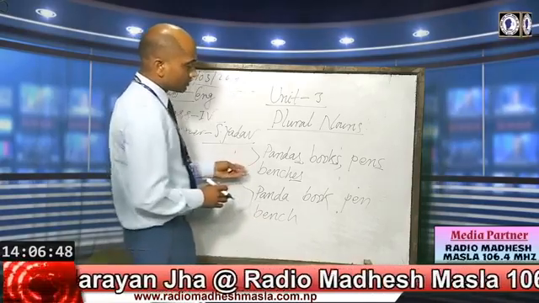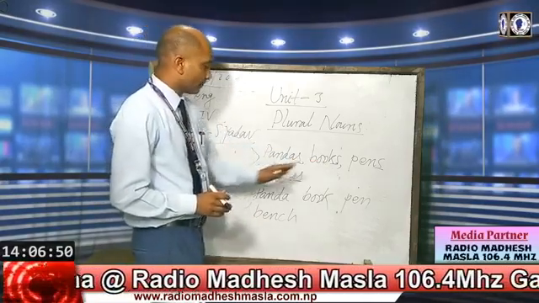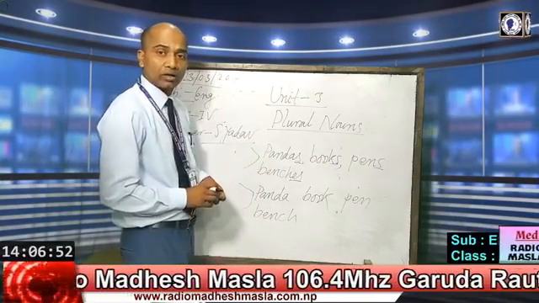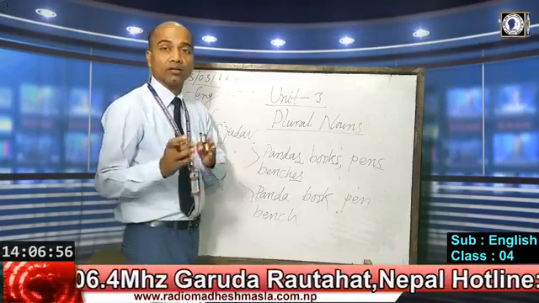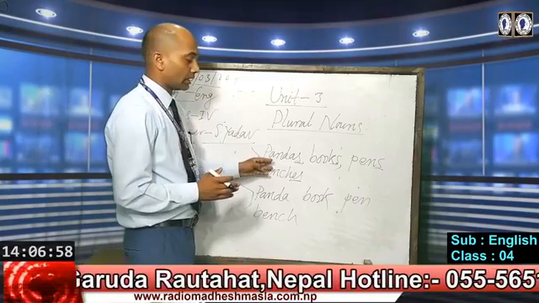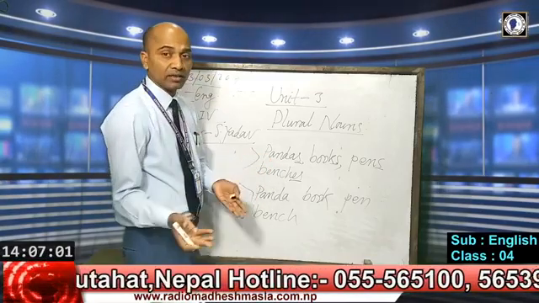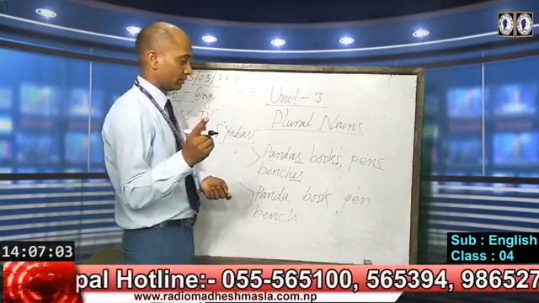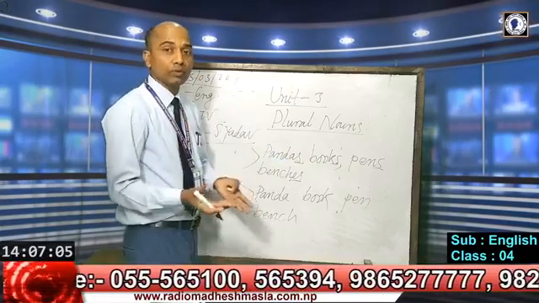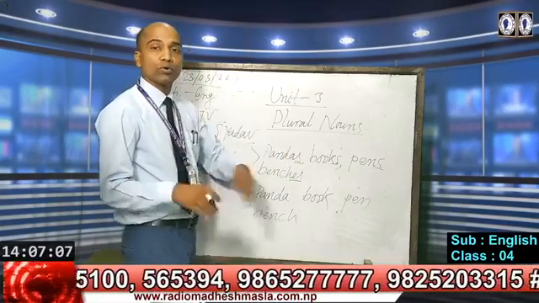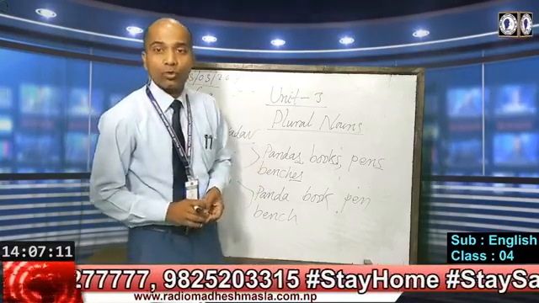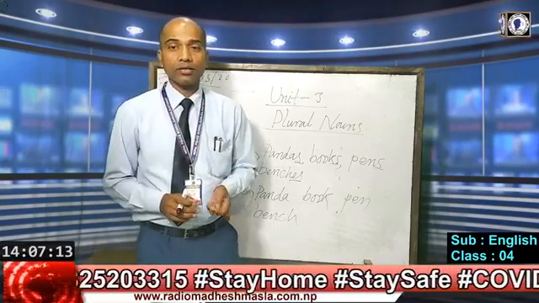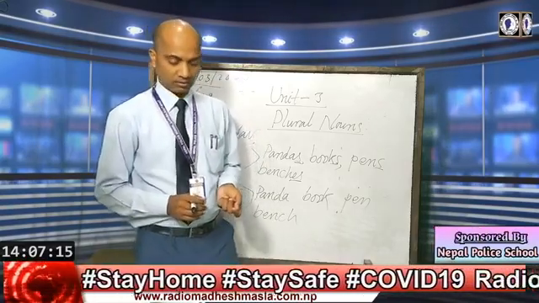So the words pandas, books, pens, benches are the plural nouns because they refer to more than one in number. Pandas means many, not only one. Books means more than one book. Pens means more than one pen. So the nouns which refer to more than one in number are plural nouns.